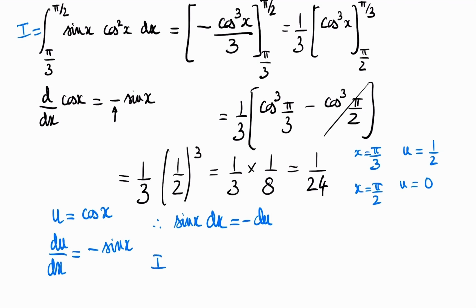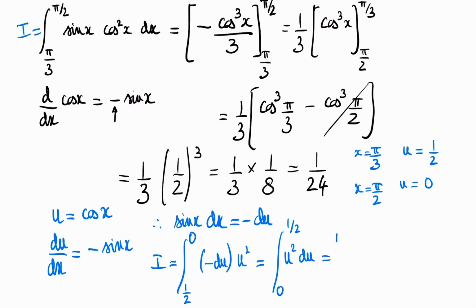So the integral is equal to from 1/2 to 0 of minus du times u squared, which is the integral of u squared du between 0 and 1/2, which is u to the power 3 over 3 between 0 and 1/2, and this is equal to 1 over 24.